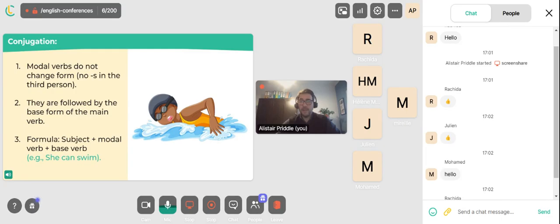Number 3, there is a formula for their structure. We use a subject plus the modal verb plus the base verb. For example, she can swim. Okay, so this sentence, it expresses a function. It expresses the ability of the girl. She can swim.